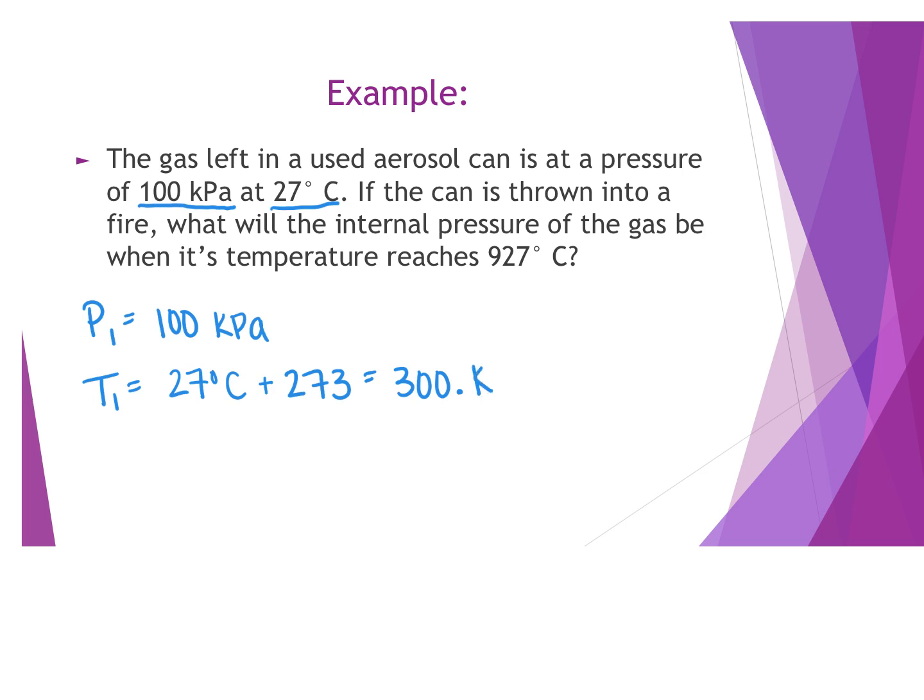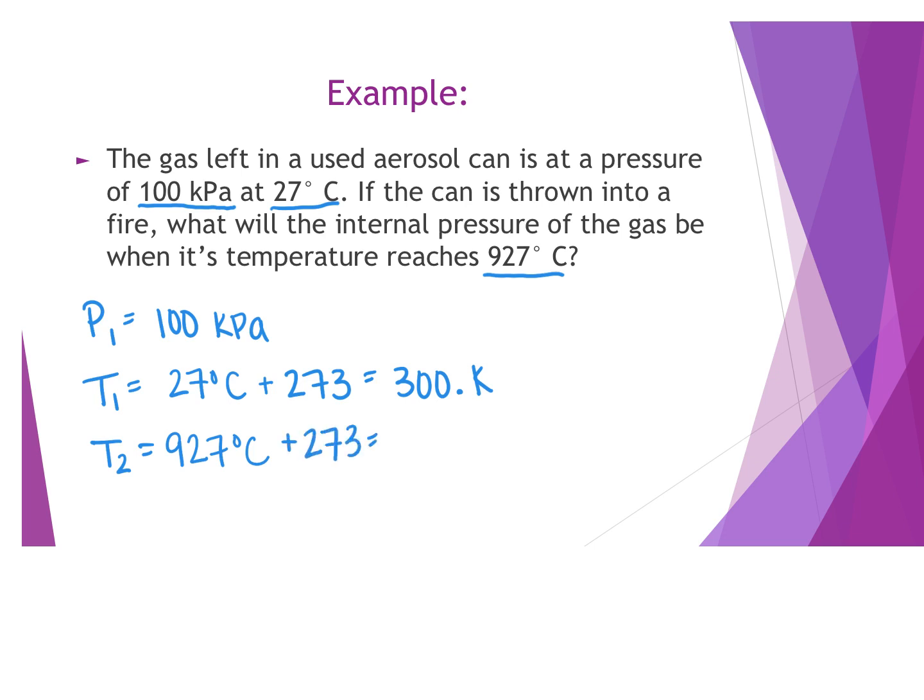All right, what's the third number you see in the word problem? Okay, 927 degrees Celsius. Again, that's a measurement for temp, right? So T2 is 927. And what do you have to do to convert that to Kelvin?